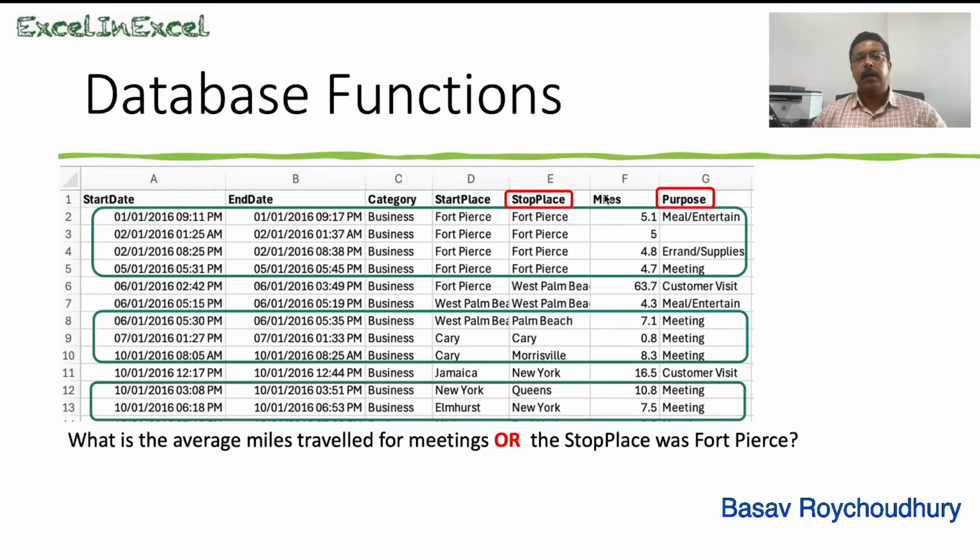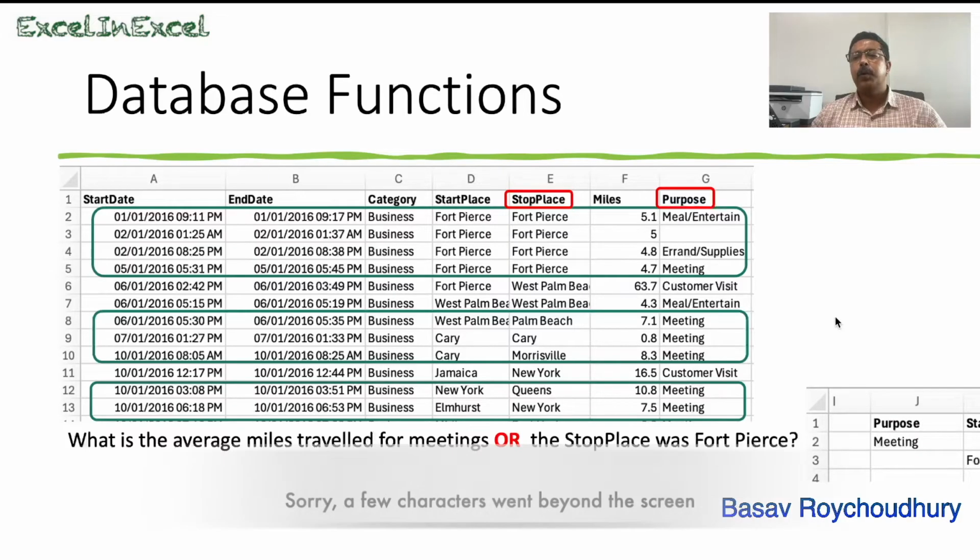So what we are saying, in other words, is that the purpose should be meeting and stop place can be anything. That's condition number one. Condition number two is the stop place needs to be Fort Pierce and purpose can be anything. And therefore, it's no wonder that this becomes our criteria.